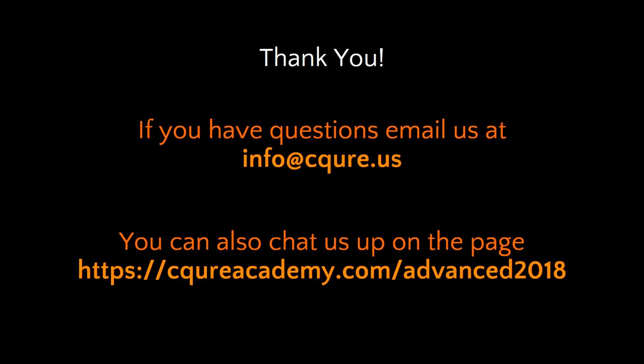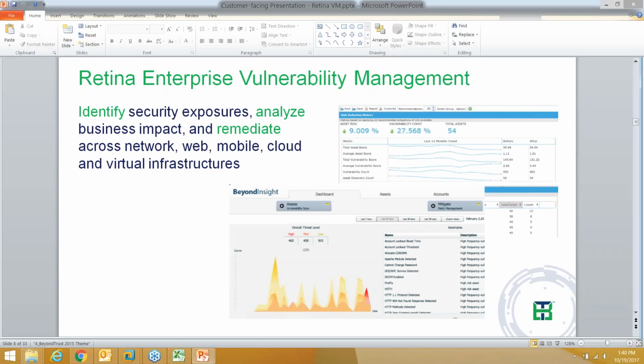Just to cover a couple of other things. What was covered today was really some of the configuration issues that most of us face on a day-to-day basis. One of the applications that BeyondTrust offers is our Retina Enterprise Vulnerability Management application.